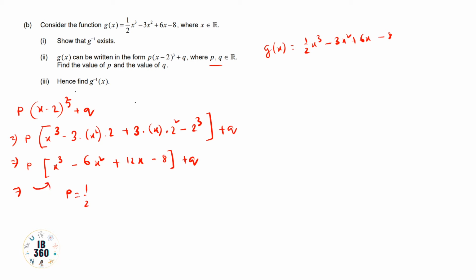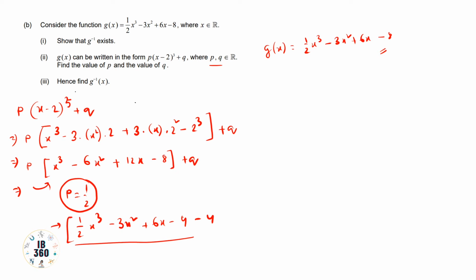If we apply p equals half here, the equation will be 1 by 2 x cube minus 3x square plus 6x minus 4. And in the original equation here it is minus 8, so again we need minus 4 in the term. So after applying p I am getting this, and this is the leftover part, so this must be q.